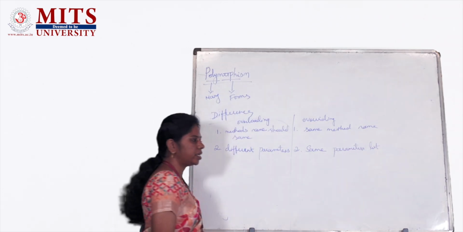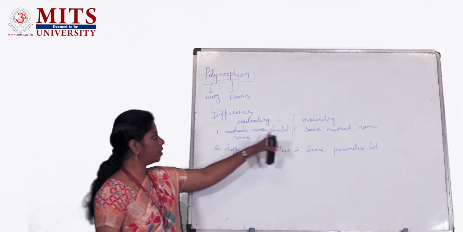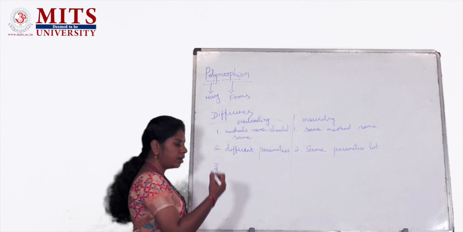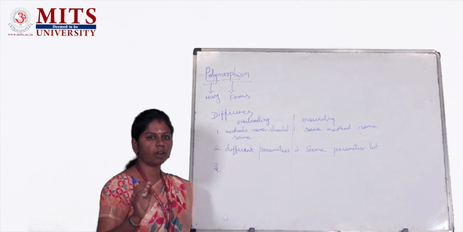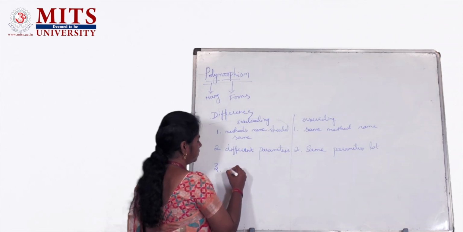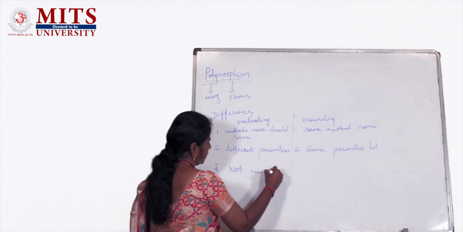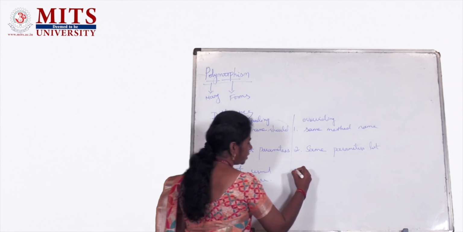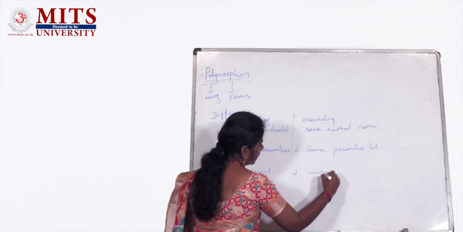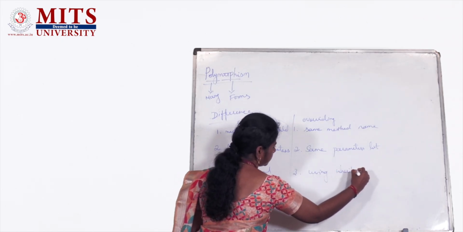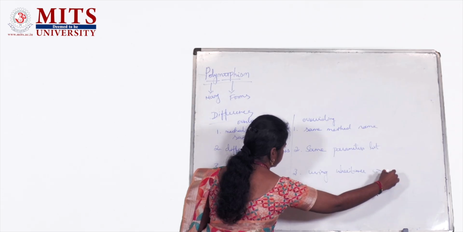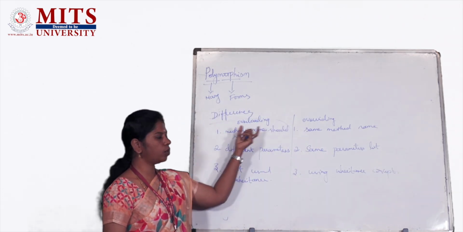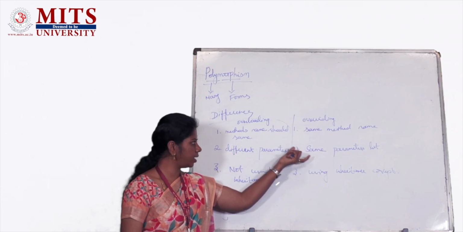This is the major difference between overloading and overriding. And one more important difference: in method overloading we do not use the inheritance concept, but here we are using the inheritance concept.